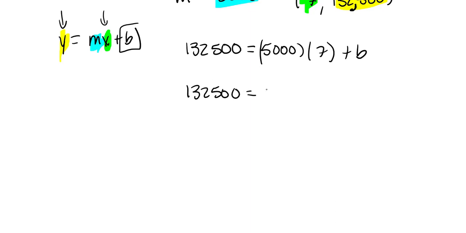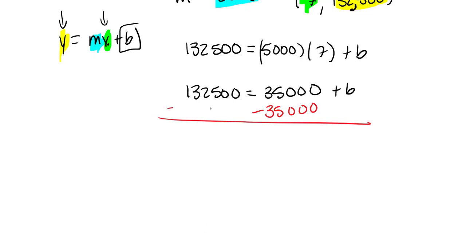5,000 times 7, well, that's 35,000. As we go, 7 times 5, which is 35, and then we have these 3 zeros. If you're not sure, you can always use a calculator. Now let's solve for b. All we need to do is subtract this 35,000 on both sides.